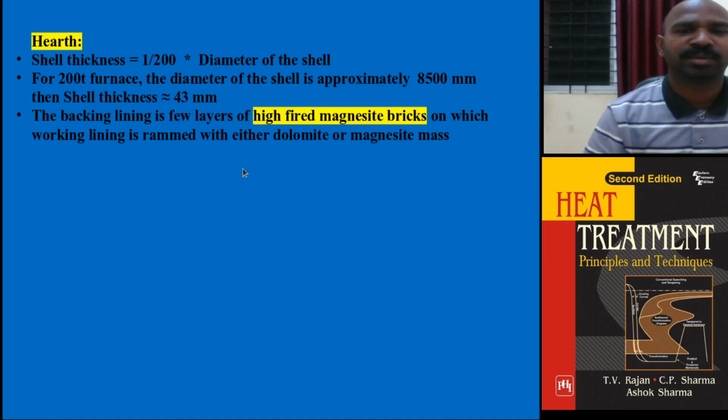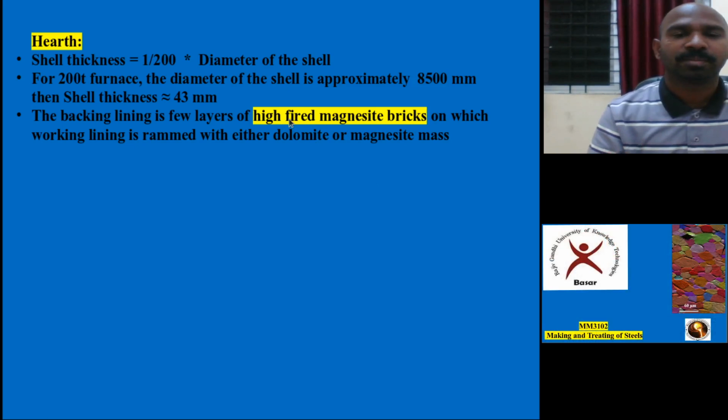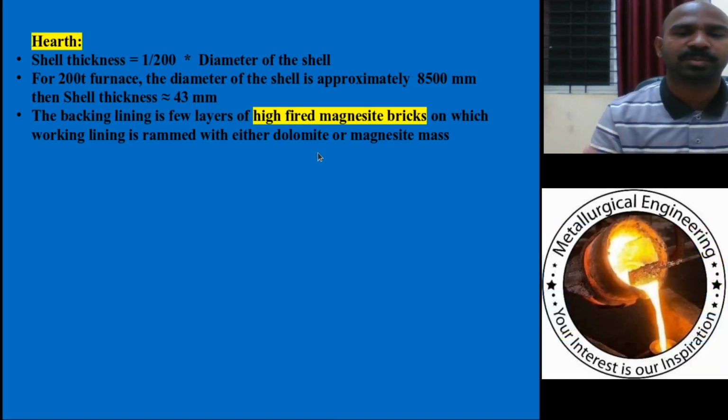In one furnace example, the back lining or safety lining is made of a few different layers where fired magnesite bricks are used, or dolomite magnesite mass. These are points one needs to remember for MCQ questions in the GATE examination.